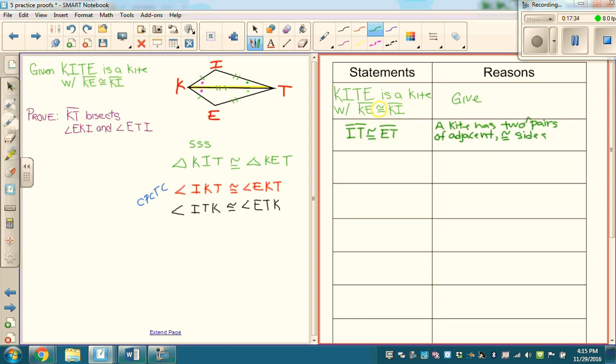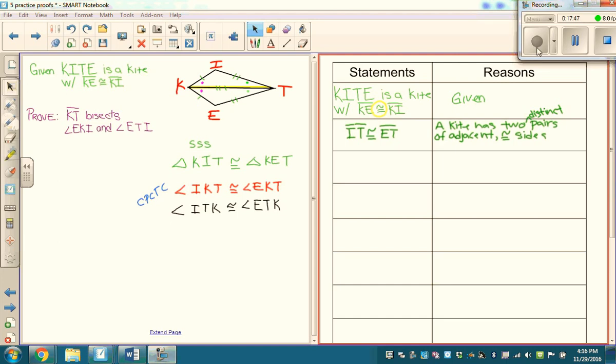And we've talked a lot about them being distinct. In other words, KE is never going to be the same as ET, otherwise it will be a rhombus. That's just a little review. So now I have two things that I need.